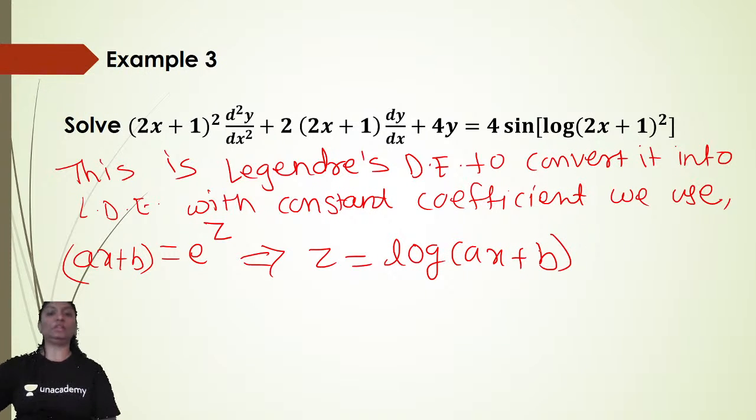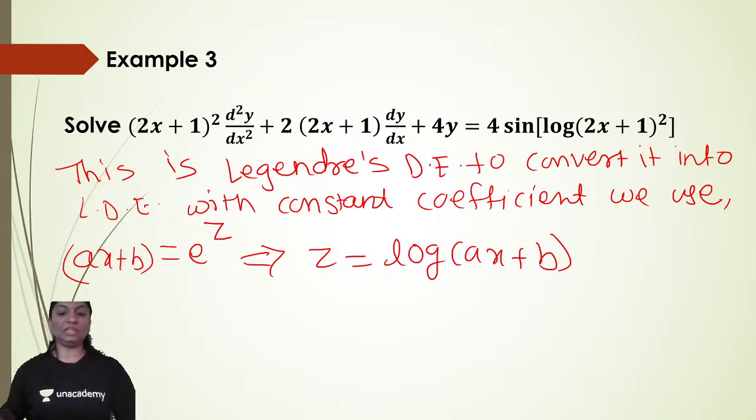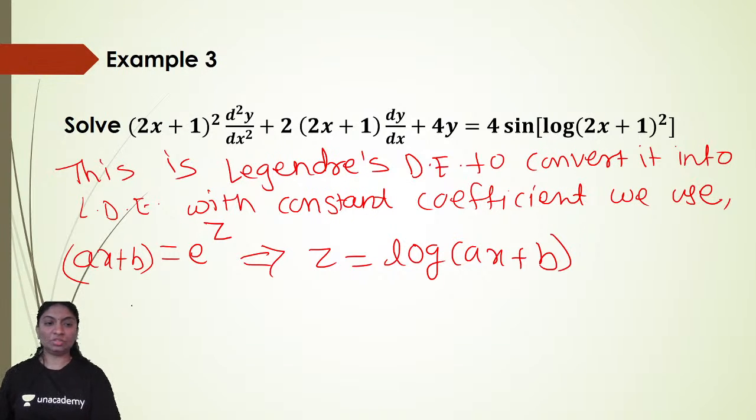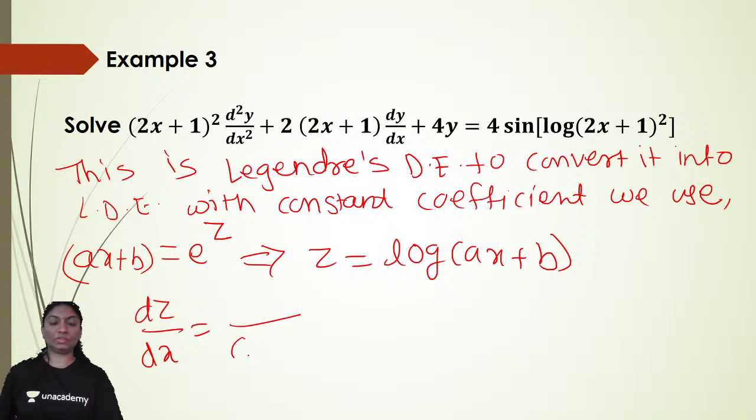So z is equal to log of ax plus b, which implies dz by dx is equal to 1 upon ax plus b into the derivative of ax plus b, that is a.